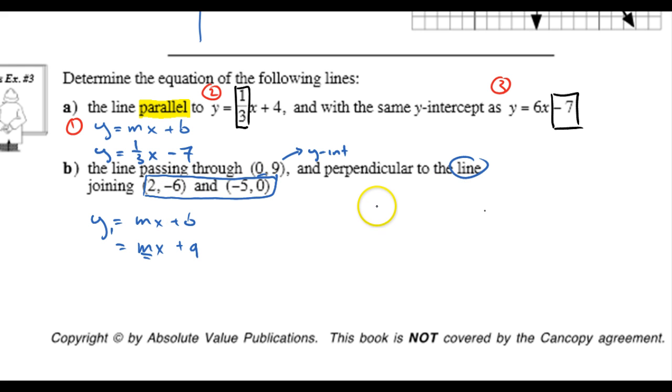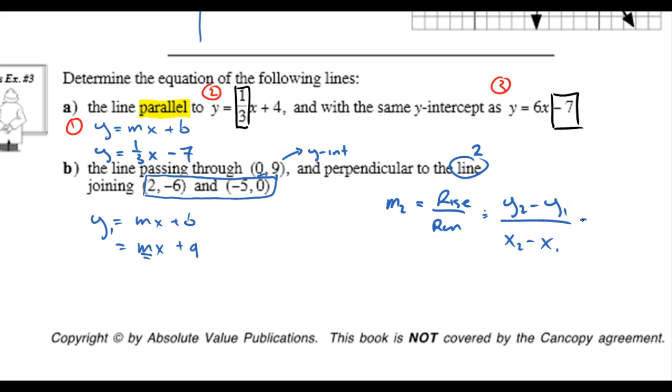Well, let's go ahead and calculate it. So let's call this line 2, and ours is line 1 here. So the slope of line 2 is rise over run, or y2 minus y1 over x2 minus x1, the change in the y over the change in the x.